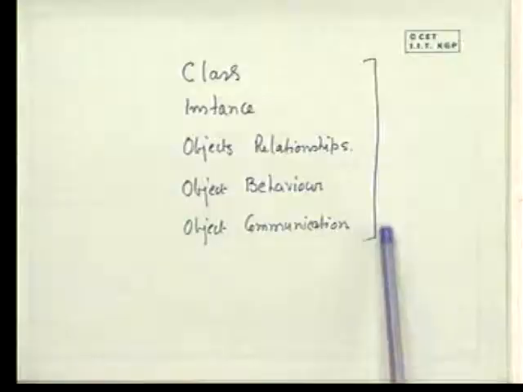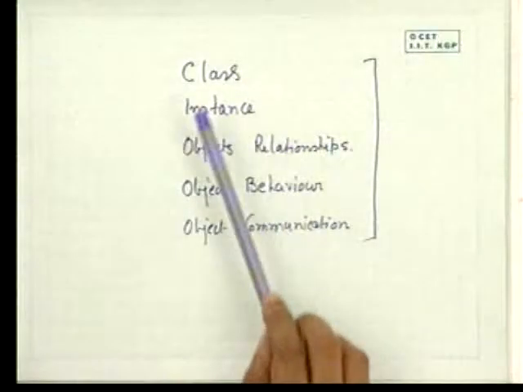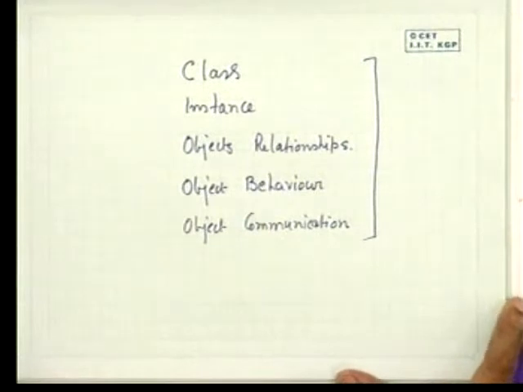There are different methodologies for object-oriented analysis and design of an object-oriented system, but the basic concepts which are required, and the ideas that we have described here, will be utilized in that environment.